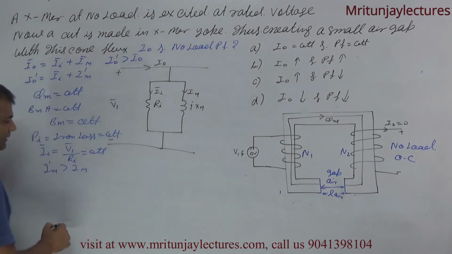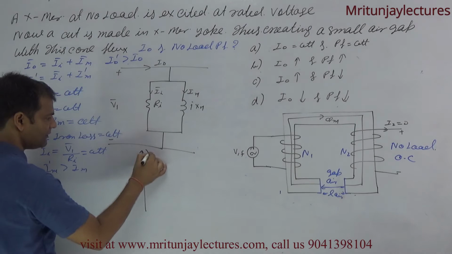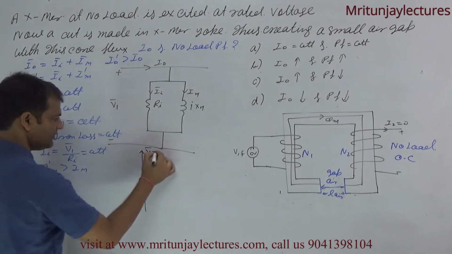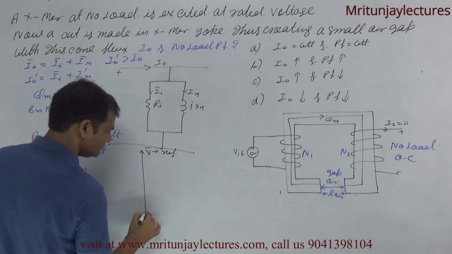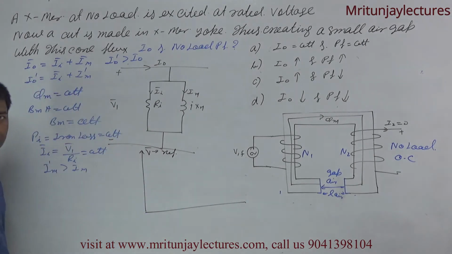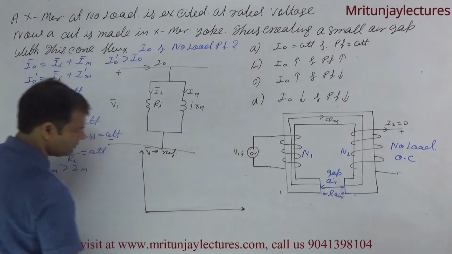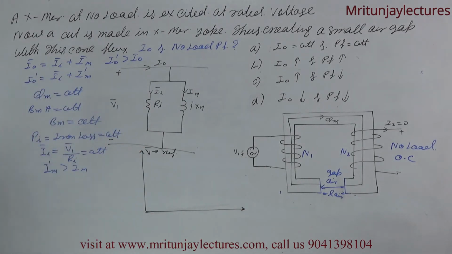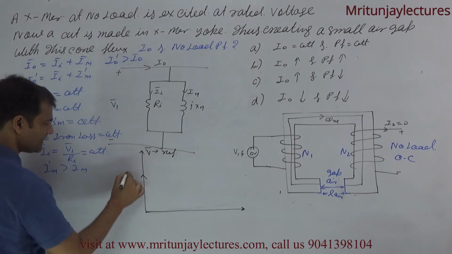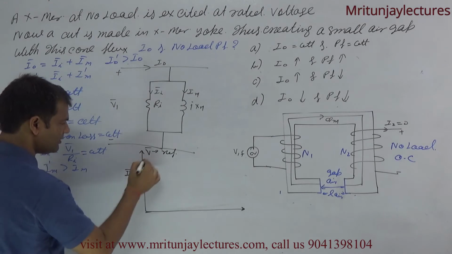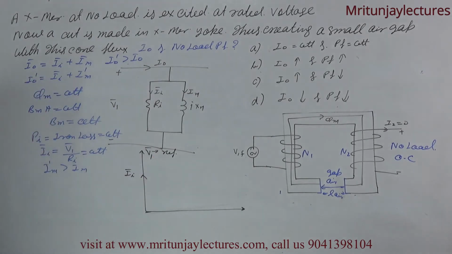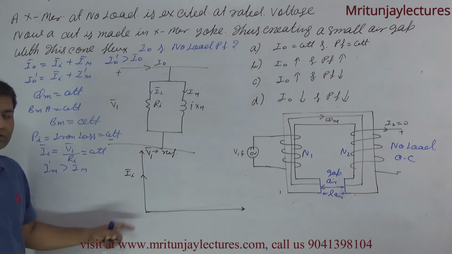I know that if we take V as a reference, okay, take V as the reference voltage. Now draw the phasor diagram. First of all, the core loss component or iron loss component Ii will equal V divided by Ri. It means both are in the same phase. V1 and Ii are in the same phase, so make it like this one.